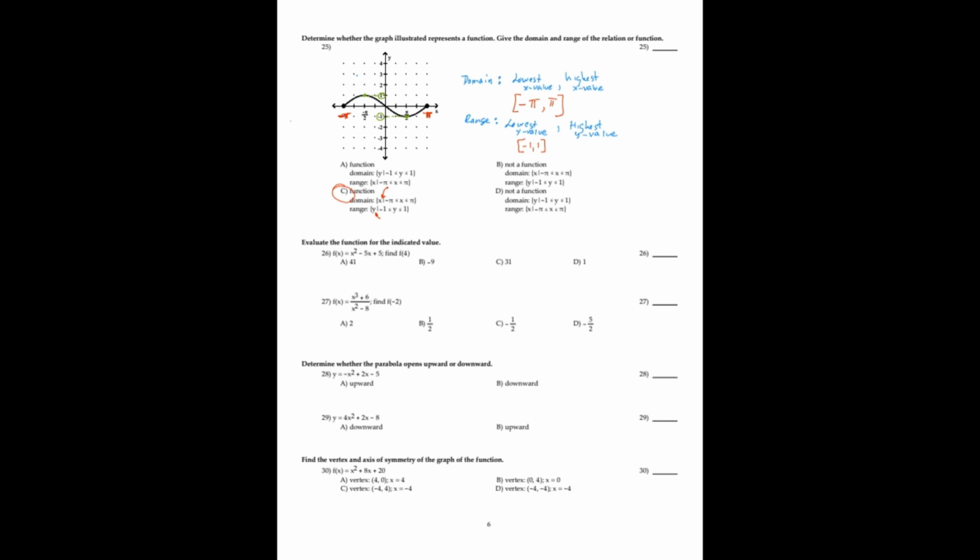So you also have to be able to understand when a different notation is given. This notation is the set builder notation, right? So this same thing can be written like x such that -pi lower than or equal to x lower than or equal to pi. These two things are the same.